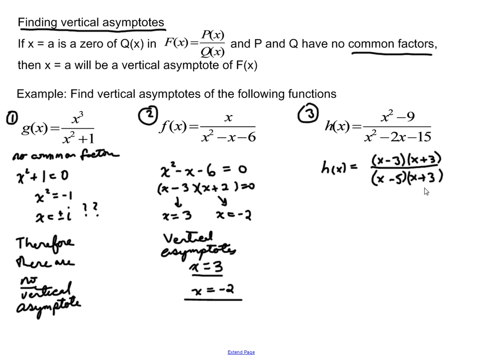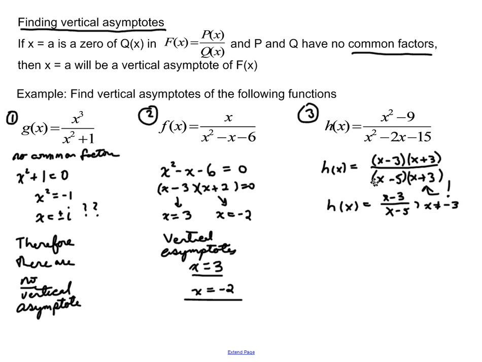And now we know, look, there's a common factor. So we'd have to reduce that, and we should write that h of x is actually the function x minus 3 divided by x minus 5, provided that x is not equal to negative 3. x equals negative 3 is still out of the domain, right?